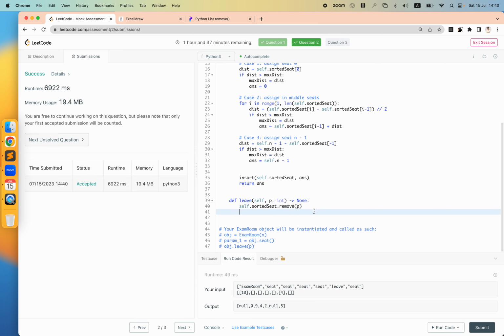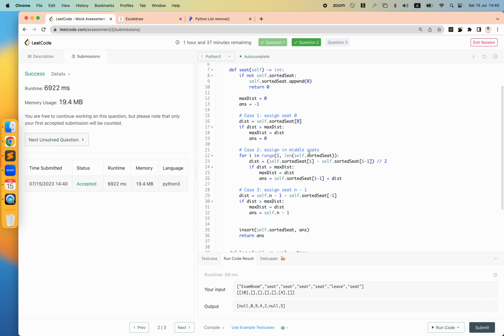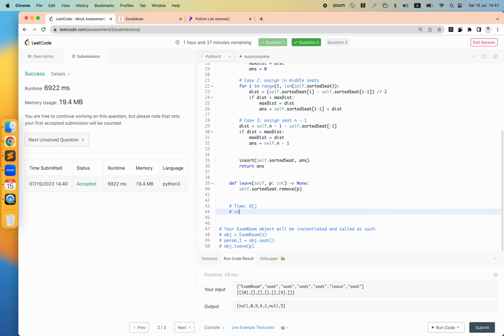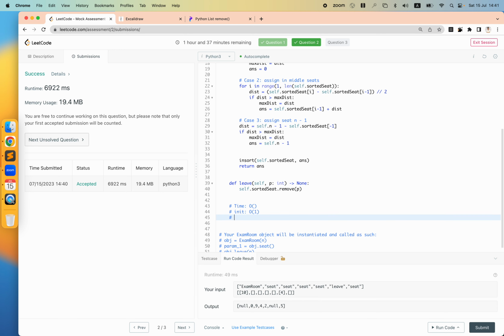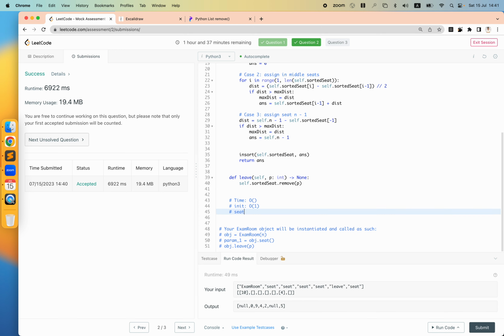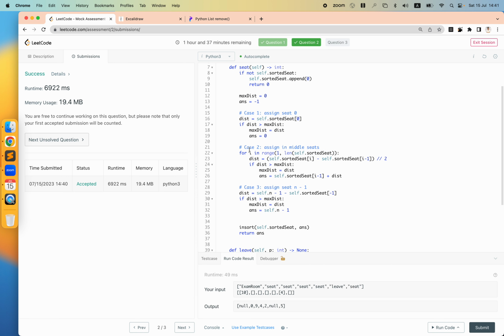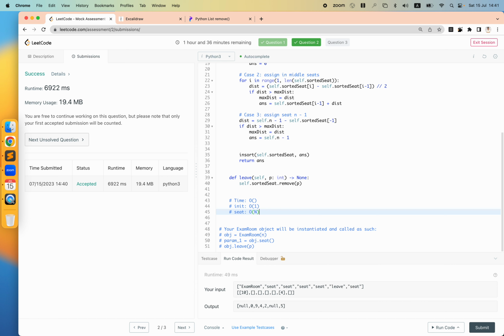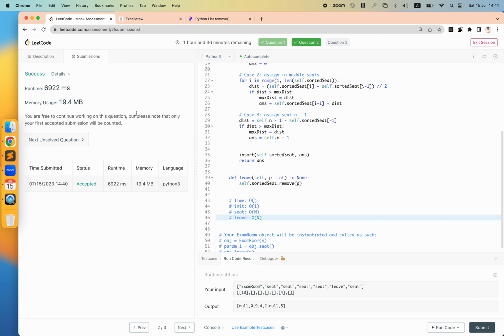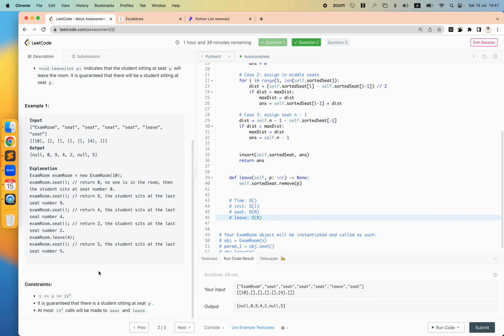Okay. So the time complexity of this will be: the init will take O(1) and the seed will take a linear scan here, O(N), and the left takes O(N).